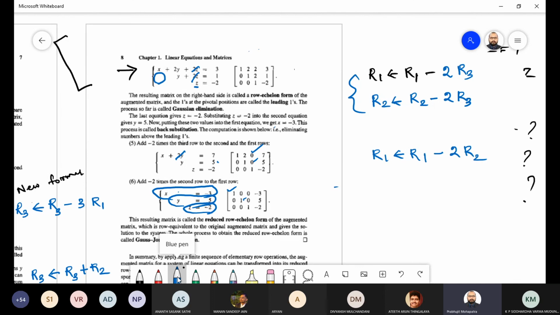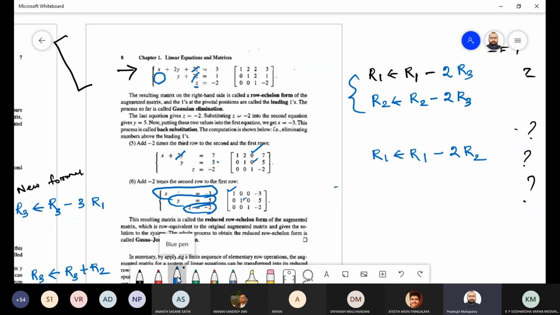No need to do any back substitution. So row reduced echelon form is a better form than row echelon form or not? Yes, sir, better. In the exam they may ask for the row echelon form or the row reduced echelon form. If they ask for row echelon form, then you have to do the back substitution, do not forget.